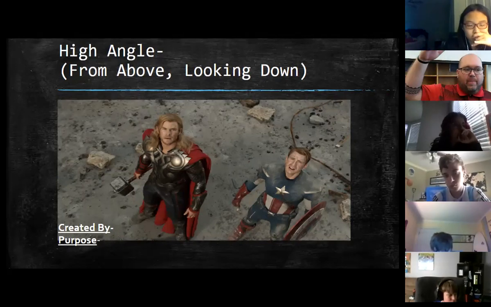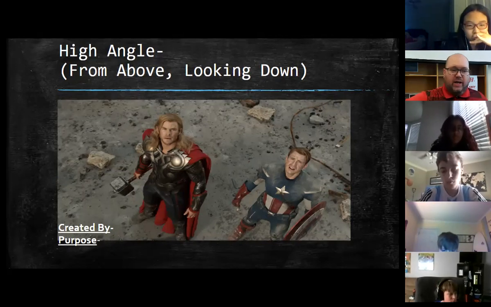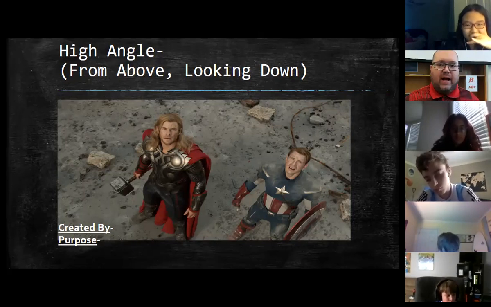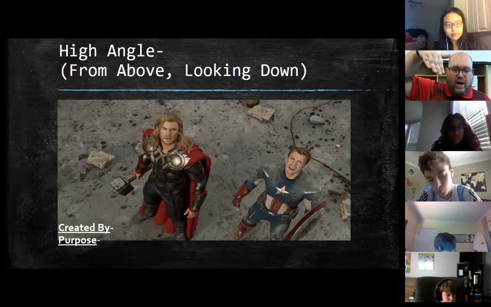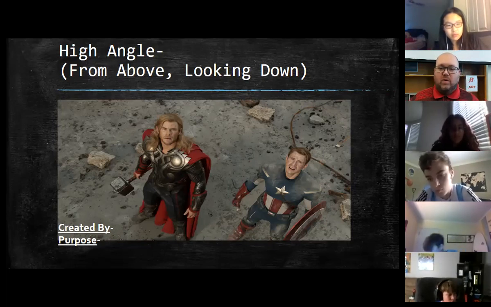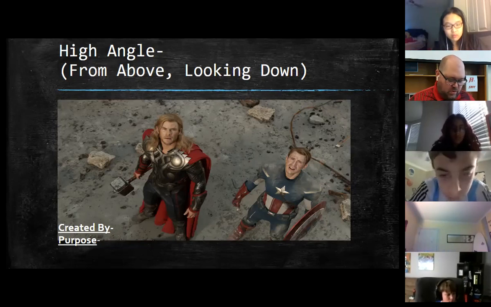Camera is placed high above the subject, looking down. So that's what we're going to put by created by. Camera is placed above the subject, looking down. Now, it doesn't need to be straight down, but the more obvious that it's a downward angle, the more powerful and the more purposeful this shot becomes.